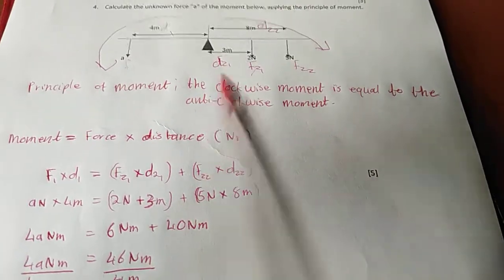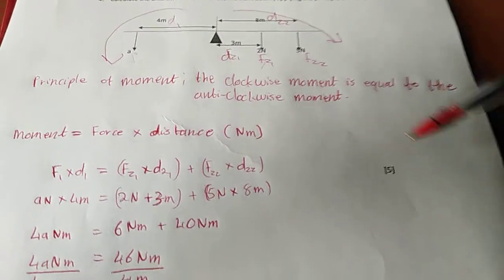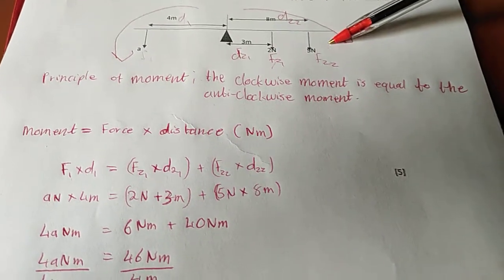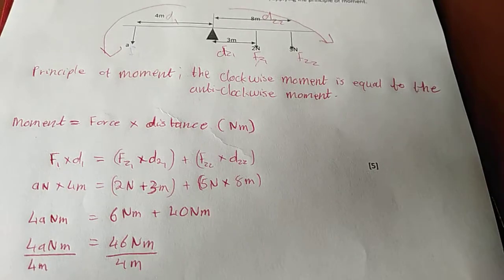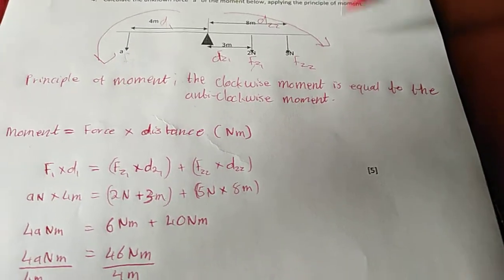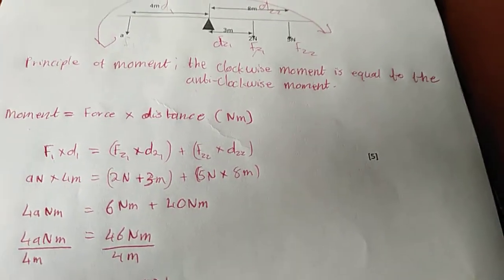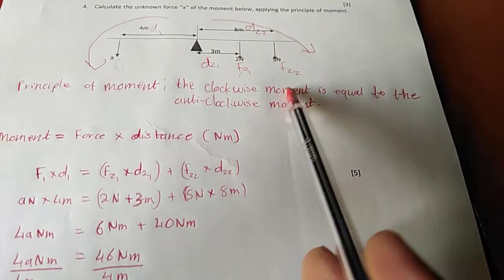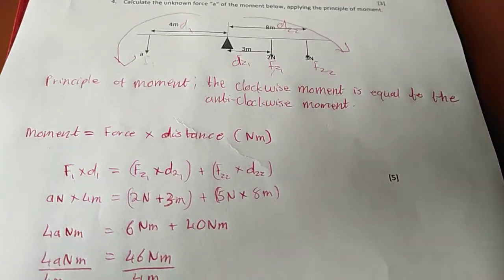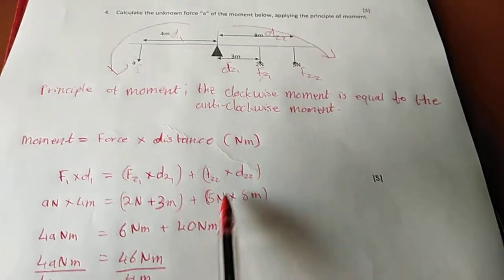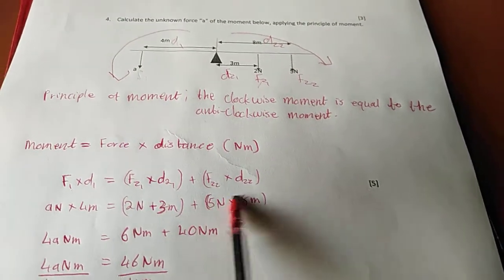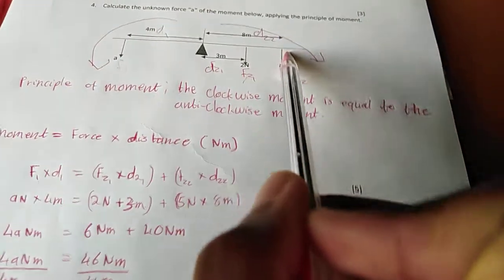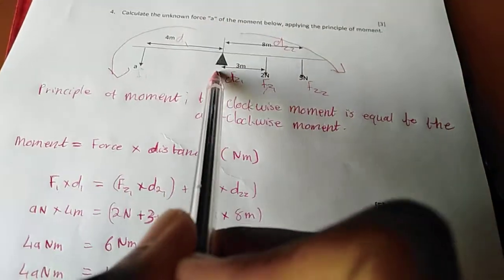The reason why we are adding them is because these two forces, the 2 Newton and the 5 Newton, are acting in the same direction. They are both acting downwards. So that is 5 Newton times the 8 meters of how far the 5 Newton force is from the pivot.